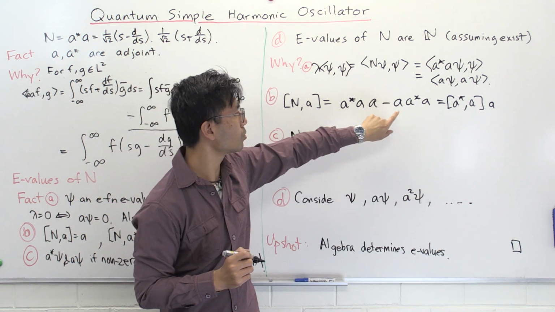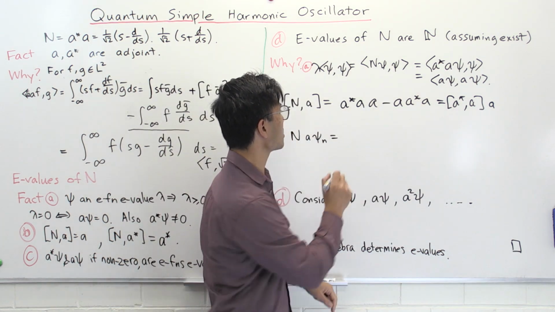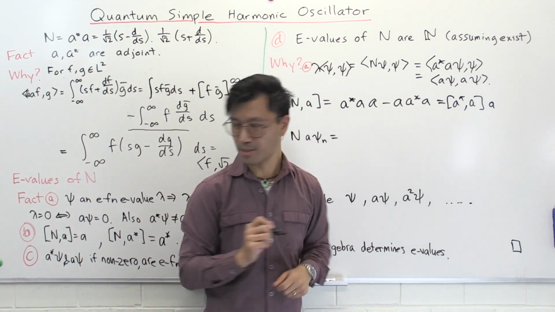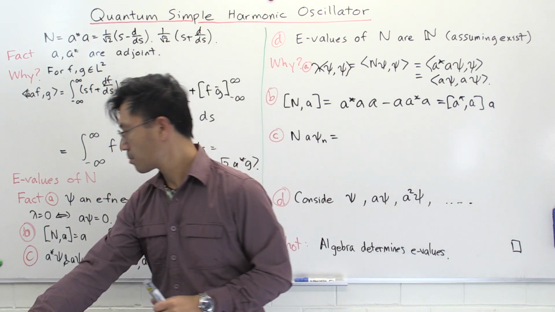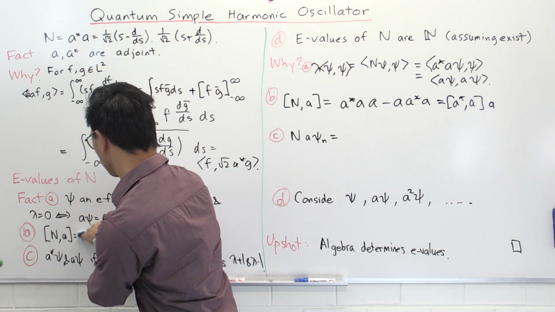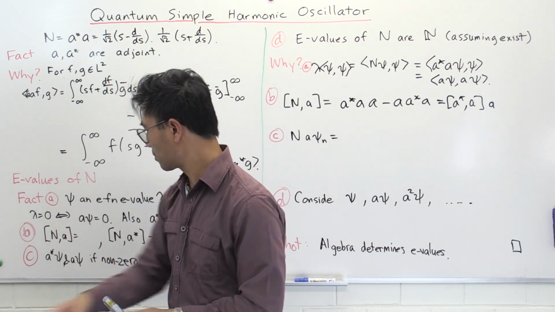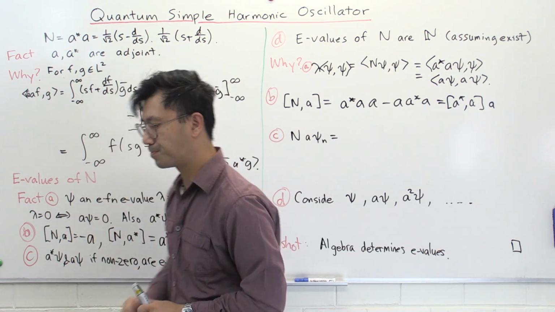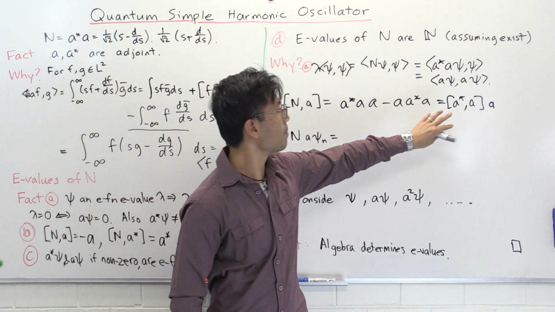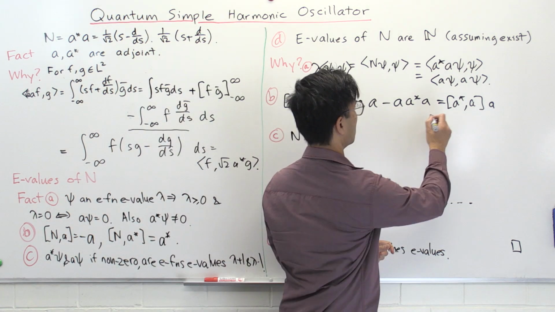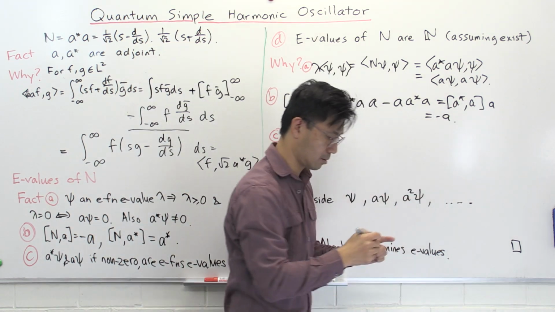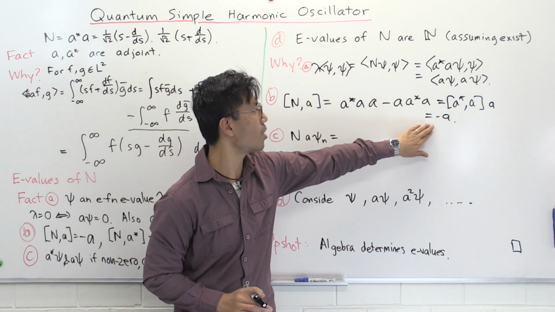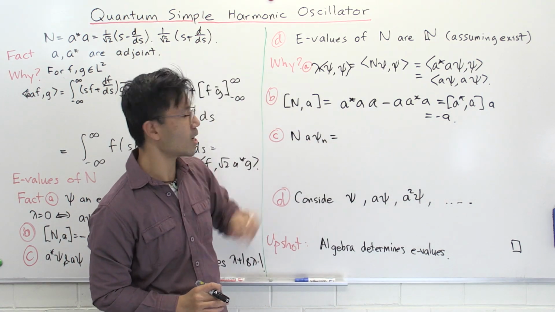This will actually be equal to minus 1. So actually this is minus A, and there should be a minus here, sorry. Okay, so this is going to be minus A. Okay, sorry about that. So that's the commutator that you see there.